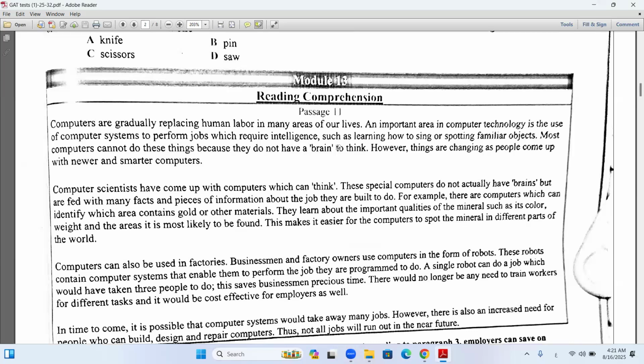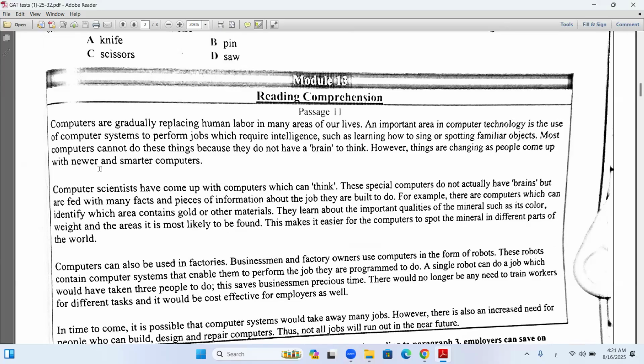Okay, so I gotta go back again a little bit. An important area in computer technology is the use of computer systems to perform jobs which require intelligence, such as learning how to sing or spotting familiar objects.